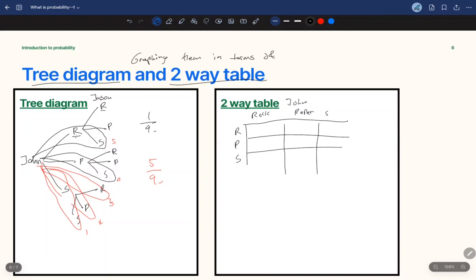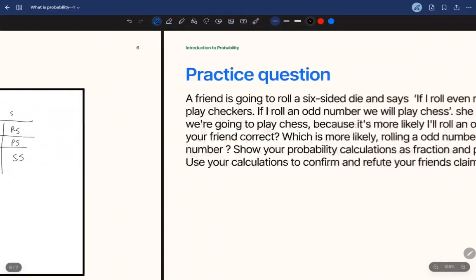John and Jason. Rock-rock, rock-paper, rock-scissor, paper-rock, paper-paper, paper-scissor, scissor-rock, scissor-paper, scissor-scissor. Just like that. That's how we craft the two-way table.